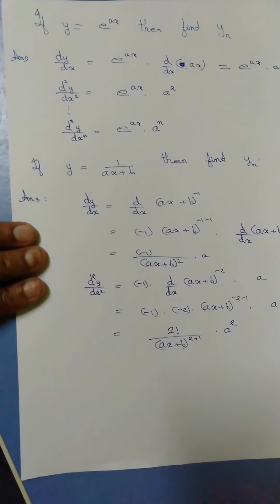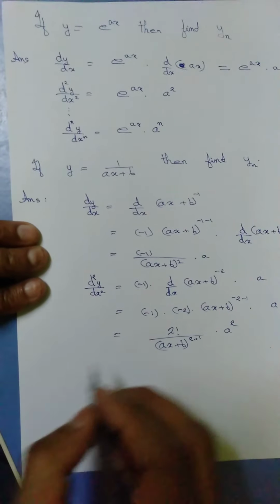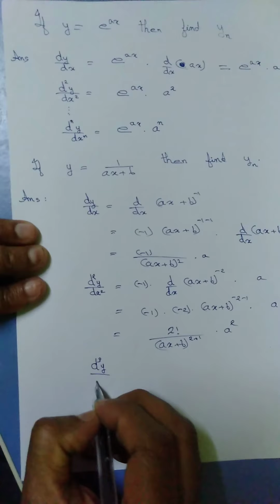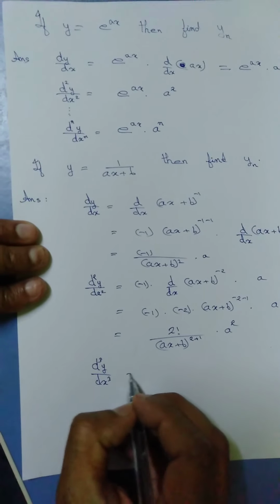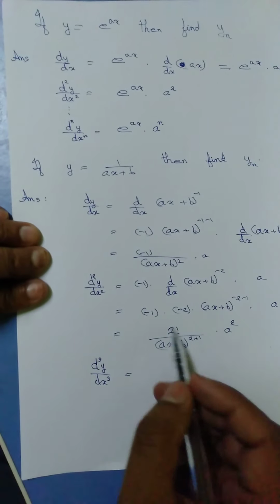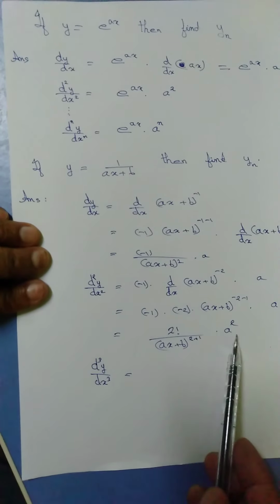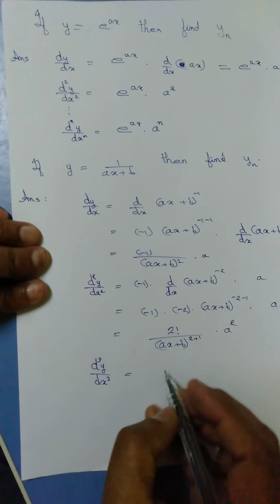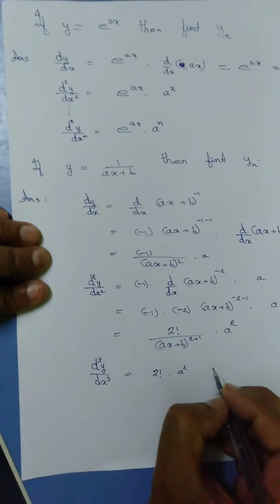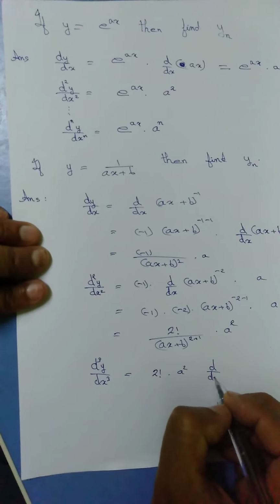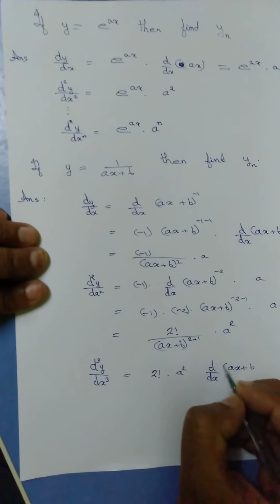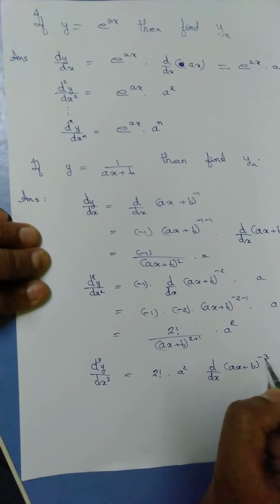Let's do one more case. Let's do the triple derivative. d3y by dx cube equals, we just need to differentiate it again. So let's take the constant out and write it as d dx of ax plus b to the power minus 3.